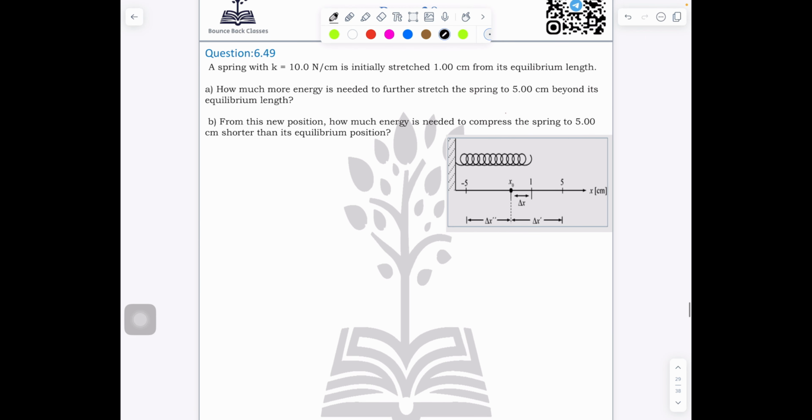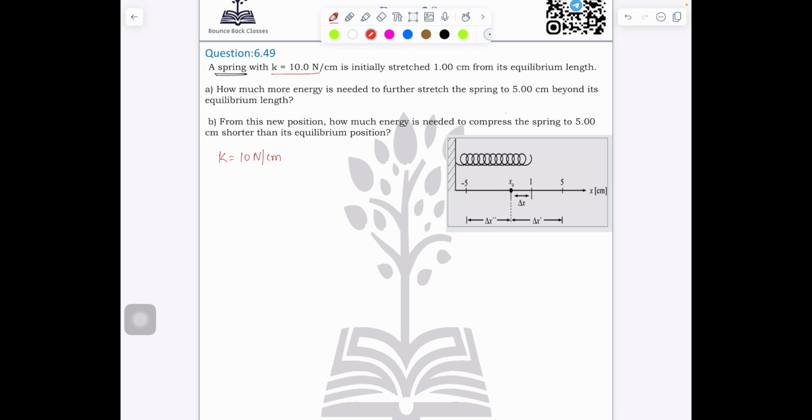Okay, here also what you need to focus on, that is the major point. Just concentrate on how many things are given and how you need to solve this. Okay, a spring: we know the force and we understand the energy also. K is given, K is equal to 10 Newton per centimeter. Okay, no need to change it because it is given like this.